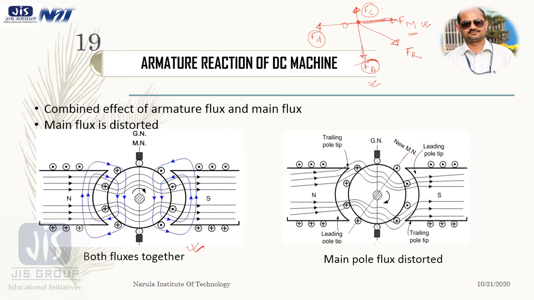So armature reaction has two effects. One is called the demagnetizing effect and another is called the cross magnetizing effect.